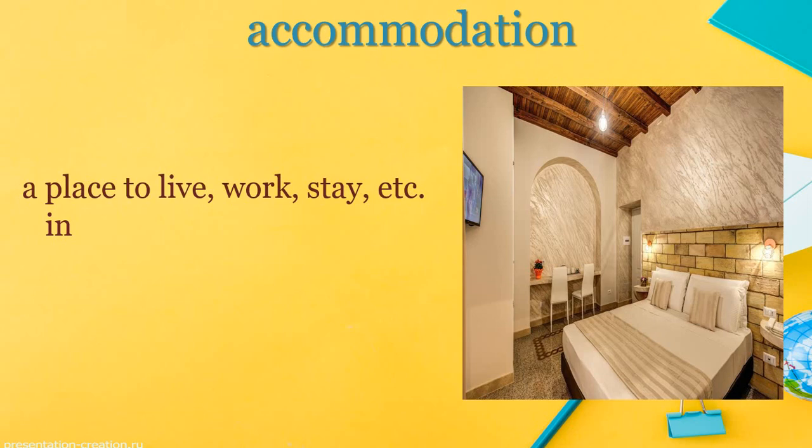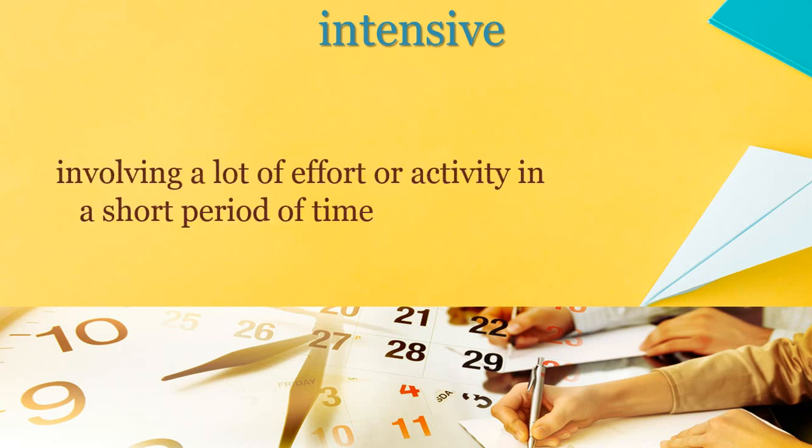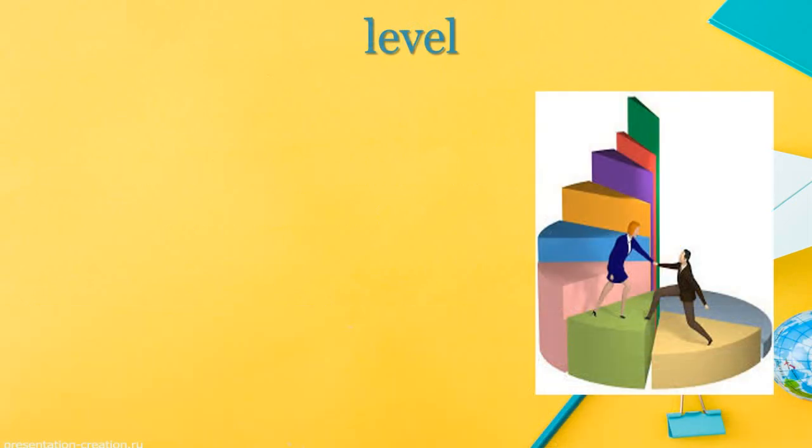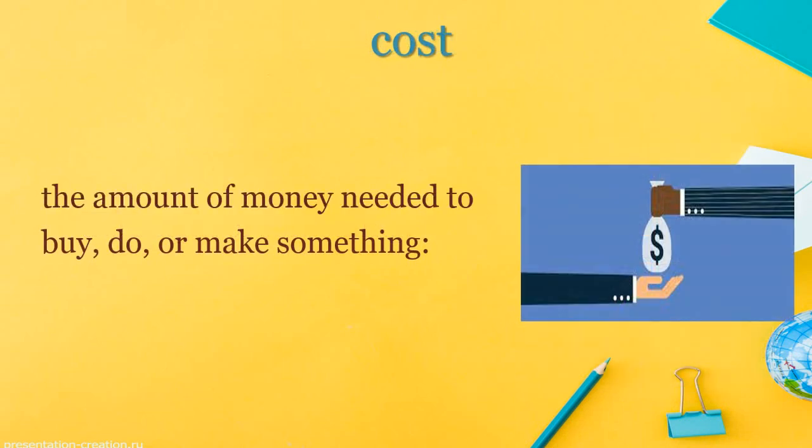It is a place to live, work, stay in, etc. Our next new word is intensive, involving a lot of effort or activity in a short period of time. The next new word is level, the highest of something. And the word cost means the amount of money needed to buy, do, or make something.